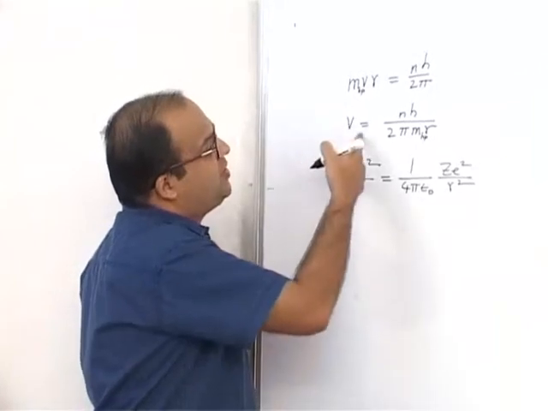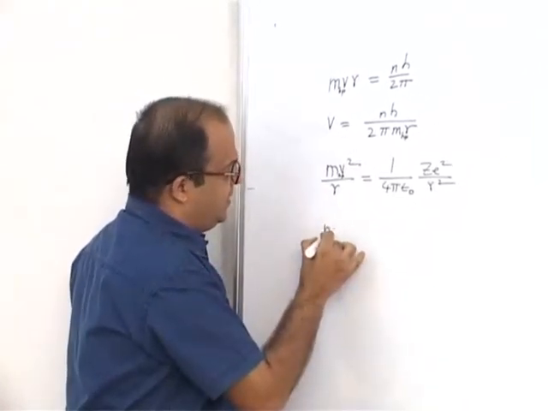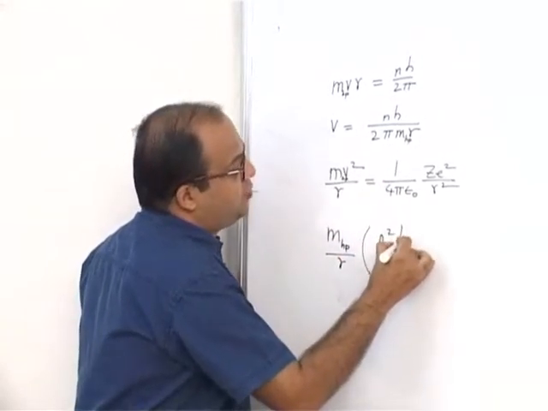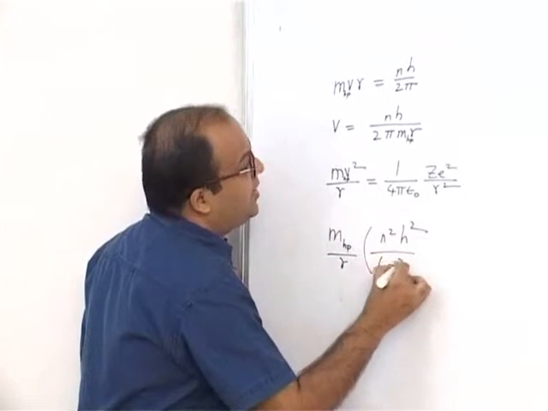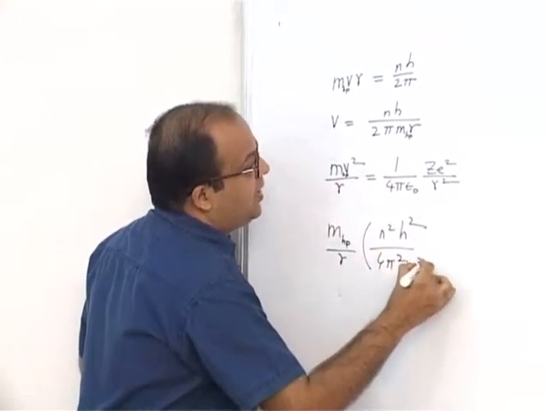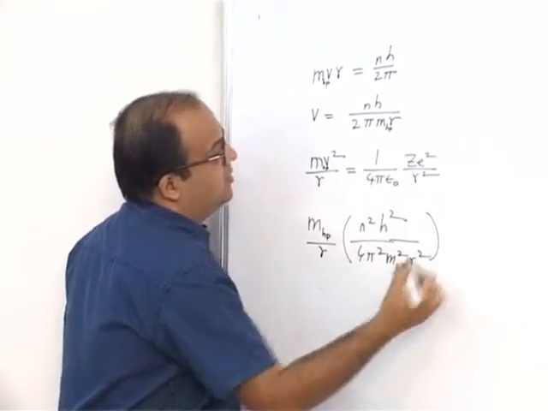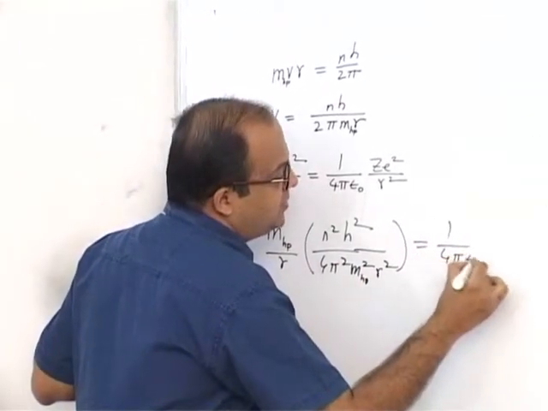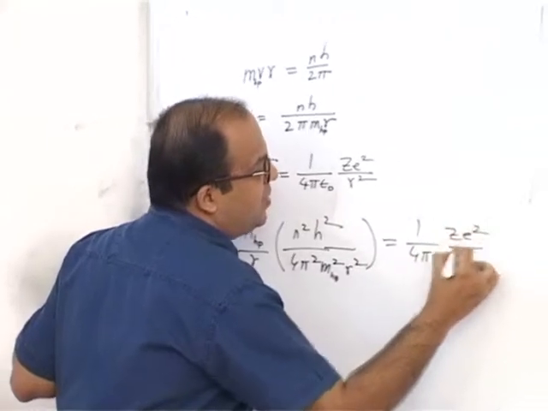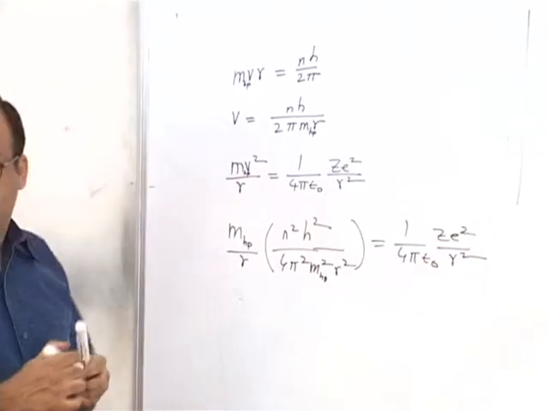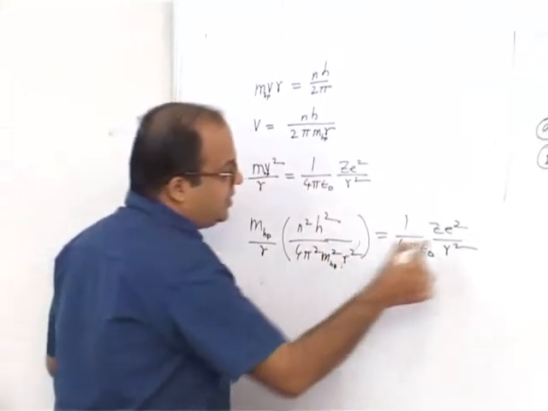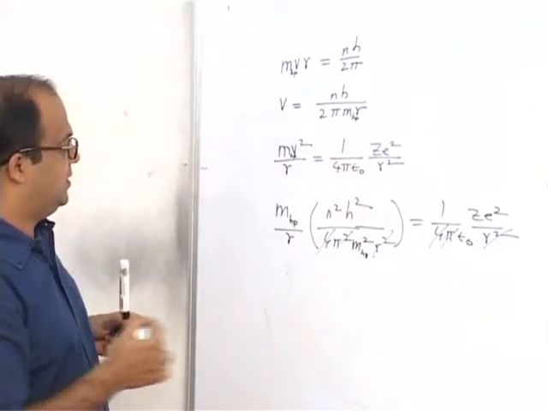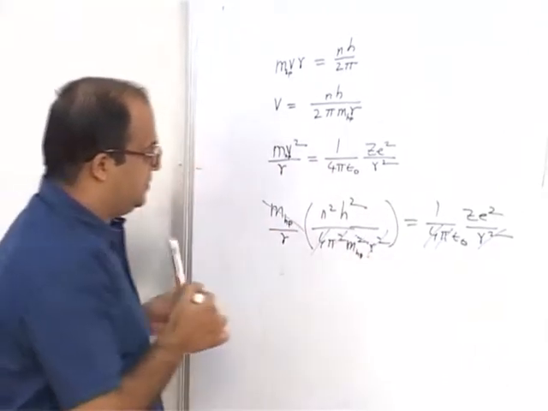Now we can substitute this equation in this equation. So n square h square by 4 pi square m_hp square r square, this is mv square upon r, will be 1 by 4 pi epsilon naught Ze square by r square. So same r square will cancel out, 4 will cancel out, pi will cancel, one of this will go.